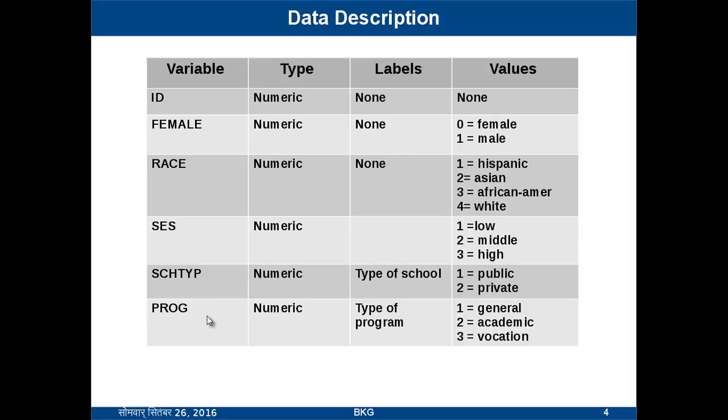Finally, we have the program type variable, that is the type of program they are attending. Here also we have three values, 1, 2, 3, 1 for general program, 2 for academic program, and 3 for vocational program.